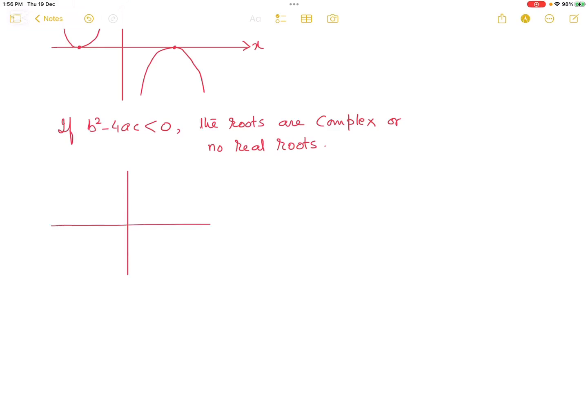Suppose the quadratic curves are drawn in the Cartesian plane and they are not touching the x-axis at any point, so the roots would be complex, meaning there would be a negative sign in the square root.